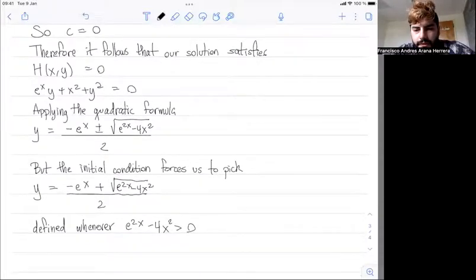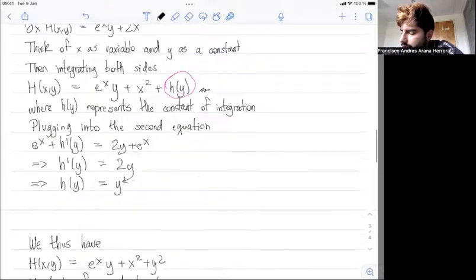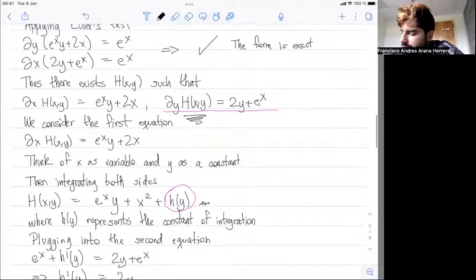Okay, so let me make a few remarks. The first remark is that instead of starting from this equation over here, integrating it and then plugging back into the other, you could perfectly well have started from this equation, integrated it with respect to y, and then plugged it into the first equation to figure out the constant of integration.